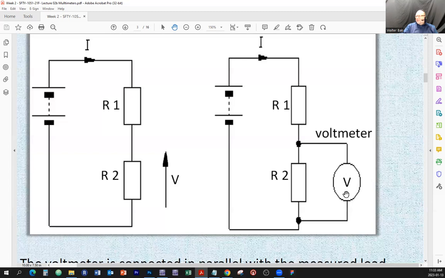But the resistance of the voltmeter should be high enough so the current that flows through it is so small that it is insignificant compared to the whole circuit. So the resistance of the voltmeter should be high in order to not affect the circuit.